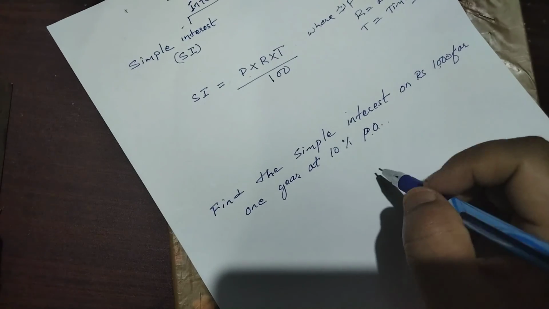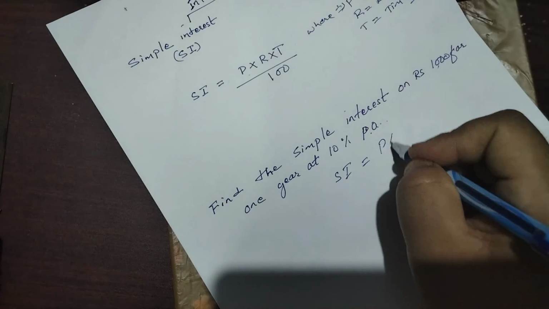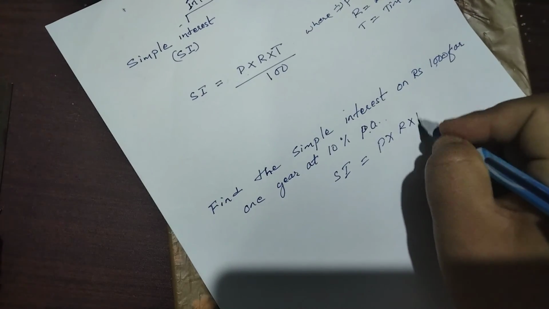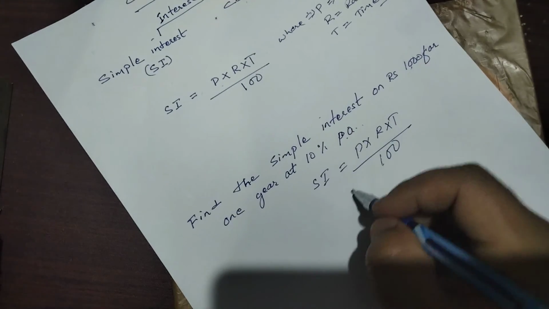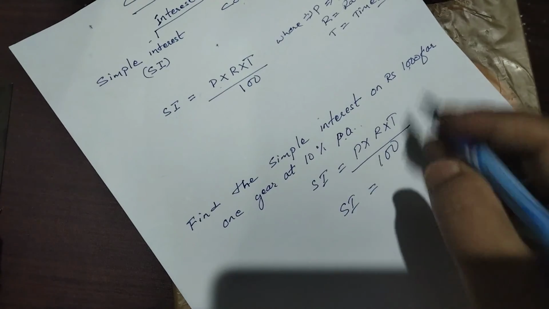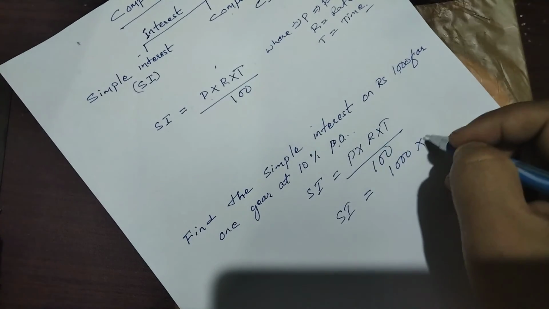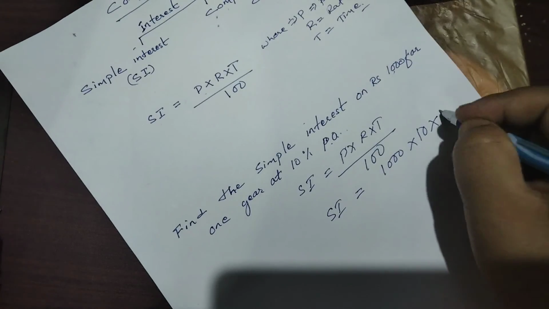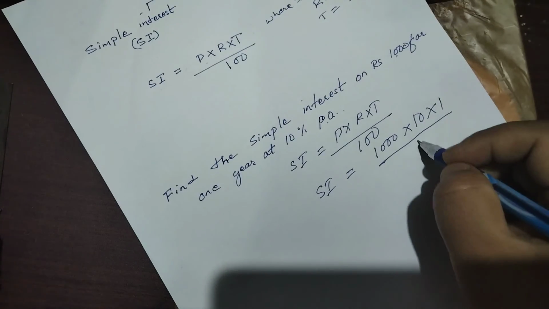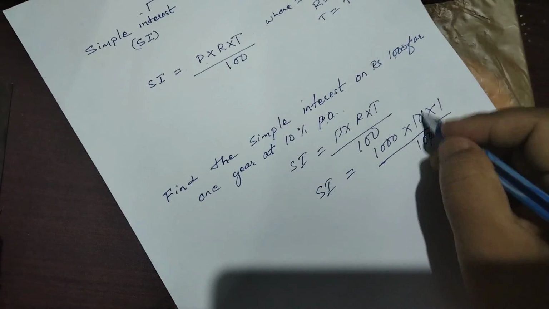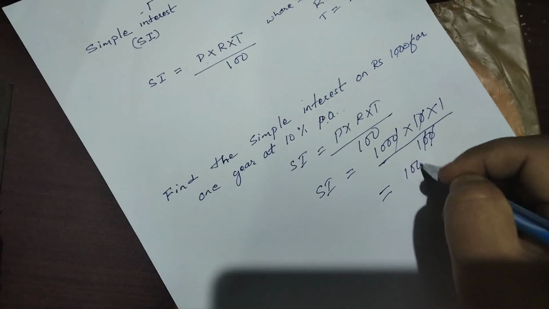For one year, simply you have to put SI is equal to P into R into T divided by 100. Principal is 1000, rate of interest is 10% and time is 1 year, divided by 100. Zero cancelled, so your interest is 100 rupees.